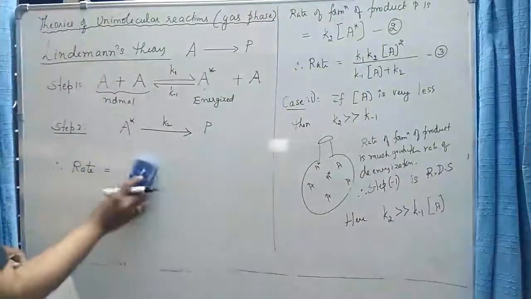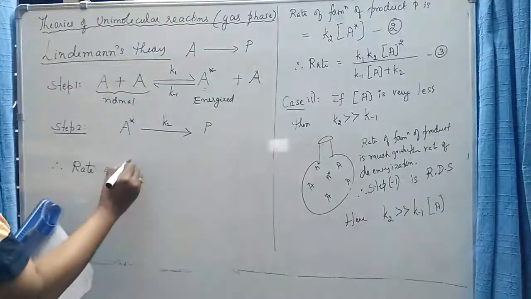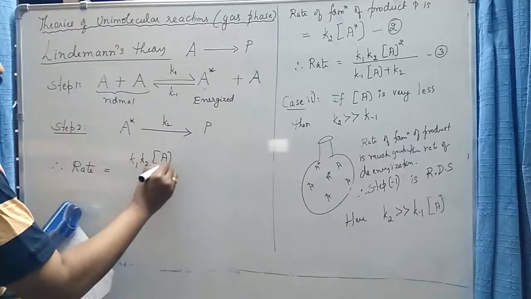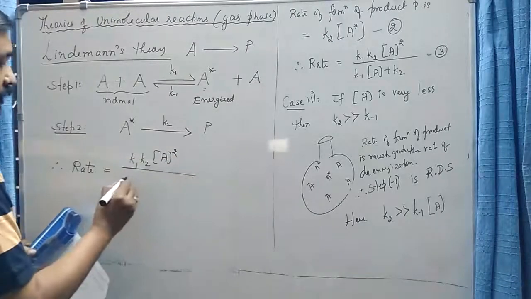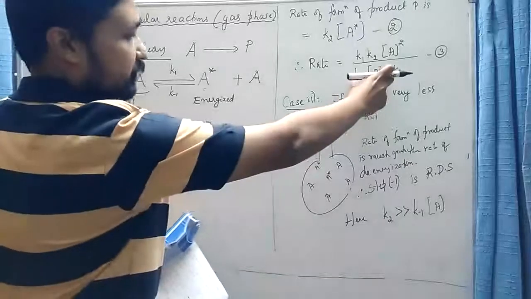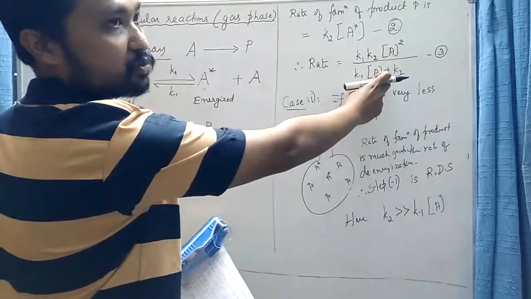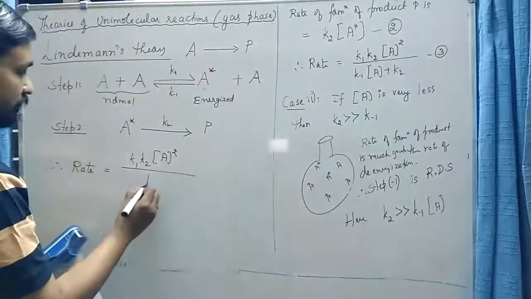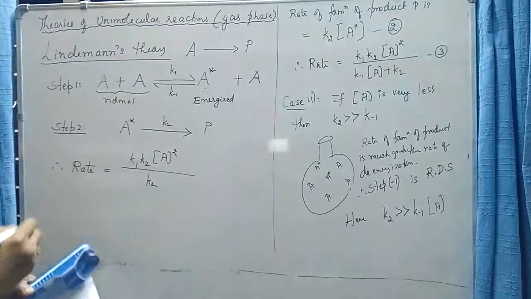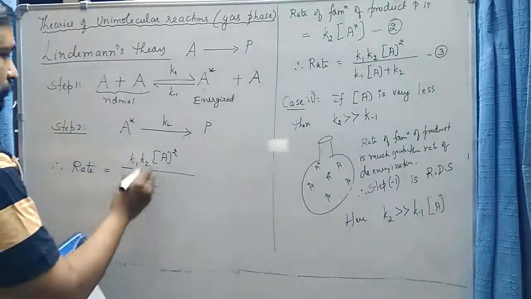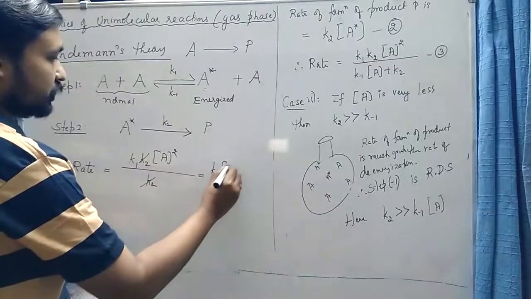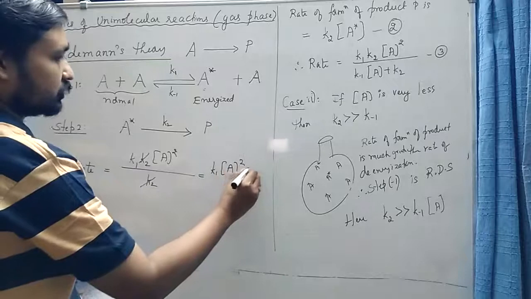Equation 3 now becomes rate is equal to K1 into K2 into A squared divided by, now this term K-1 into A is much smaller compared to K2, so it is negligible, so you get divided by K2. K2 gets cancelled. This is nothing but K1 into A squared.